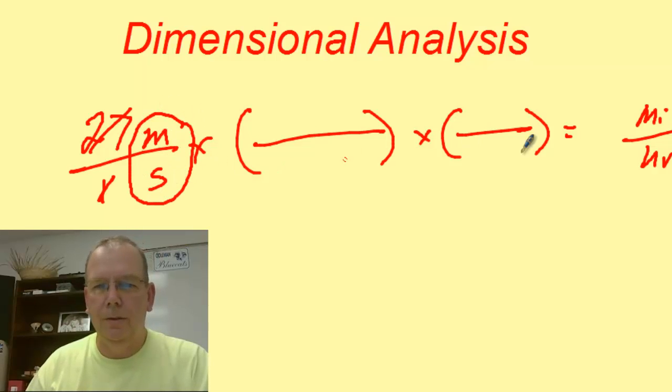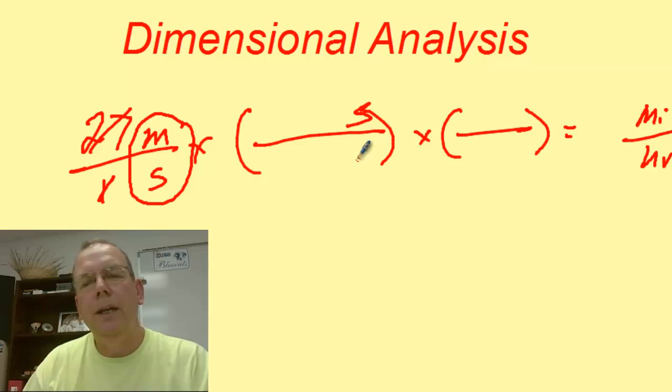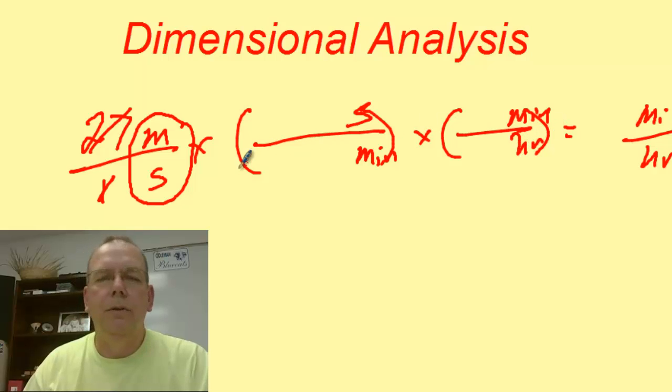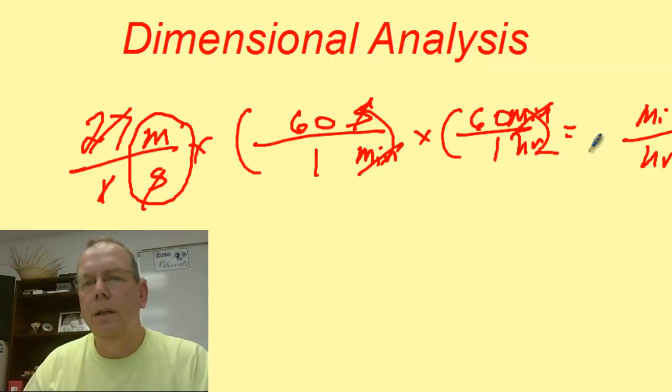Because if we want to change seconds into hours, we have to say there are so many seconds in a minute and so many minutes in an hour: 60 seconds in 1 minute, and 60 minutes in 1 hour. As we take care of these units, we end up with the dimension that we wanted.